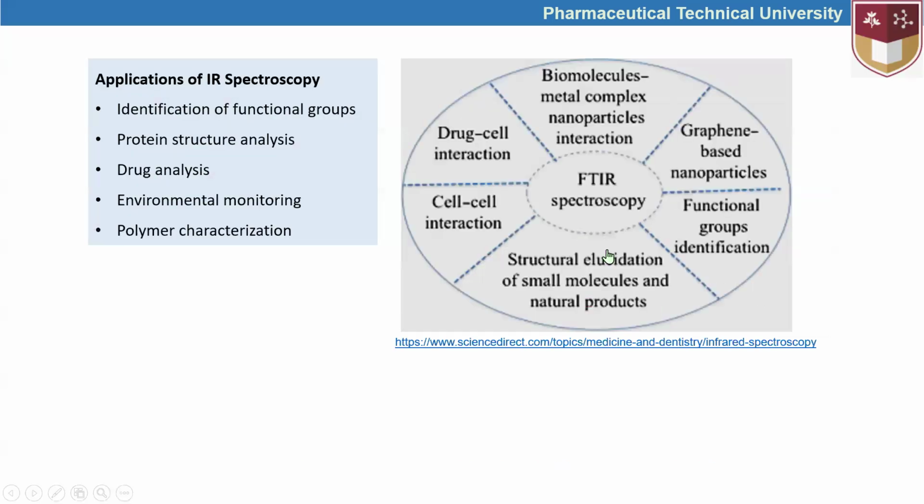Okay, where do we use infrared spectroscopy? We have been discussing only the identification of functional groups. Actually, Fourier transform IR spectroscopy can be used for the interpretation of graphene-based nanoparticles, biomolecules, metal complexes, and their nanoparticle interactions, drug-cell interactions, cell-cell interactions, or structural elucidation of small molecules and natural compounds.